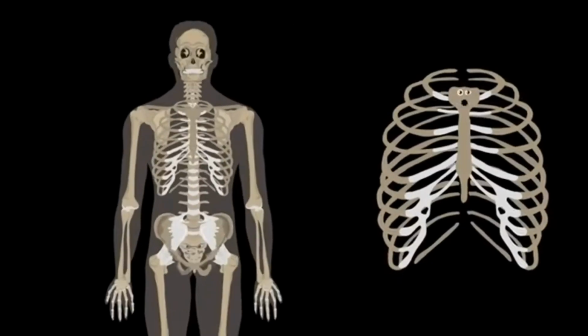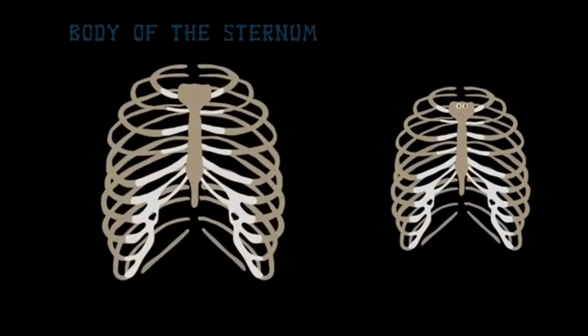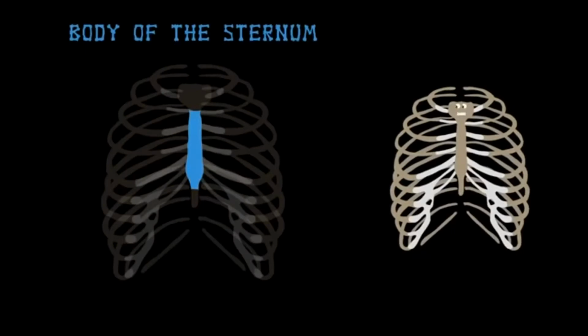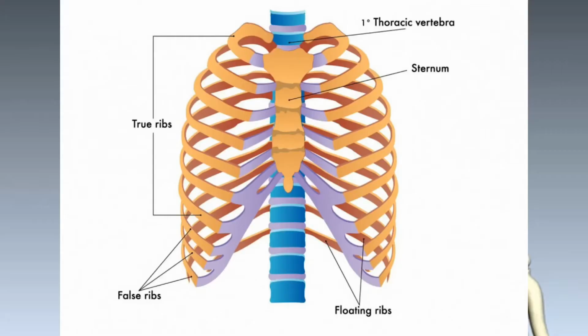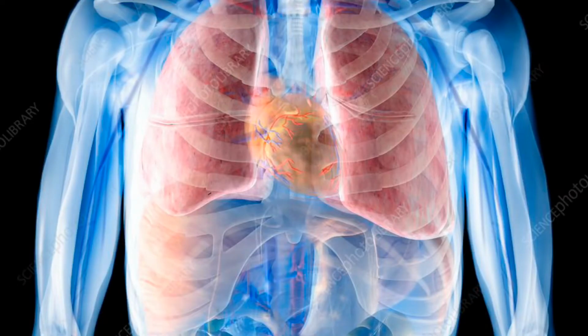There is a long bone at the center of the chest which holds the ribs in place, known as the sternum. These bones are divided into three groups called true ribs, false ribs and floating ribs. The ribs protect our heart and lungs.